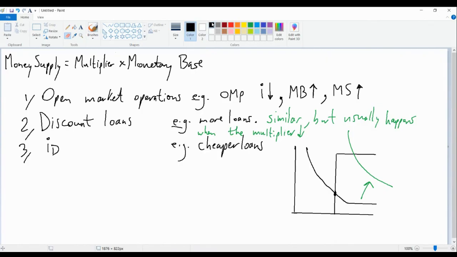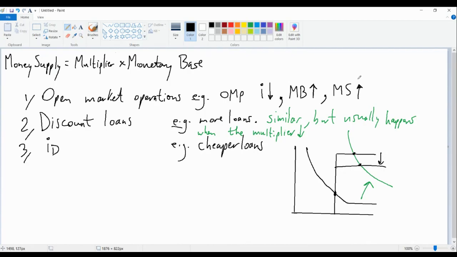Right? What about cheaper loans? I'd say the same thing, right? If we're in a situation where discount loans matter at all, and the Fed makes cheaper loans, it's a situation where, well, they're lowering the interest rates. That's clear. And they're boosting the monetary base and they're boosting the money supply, therefore.